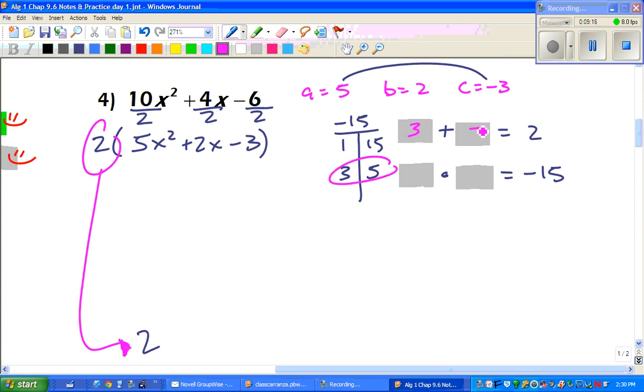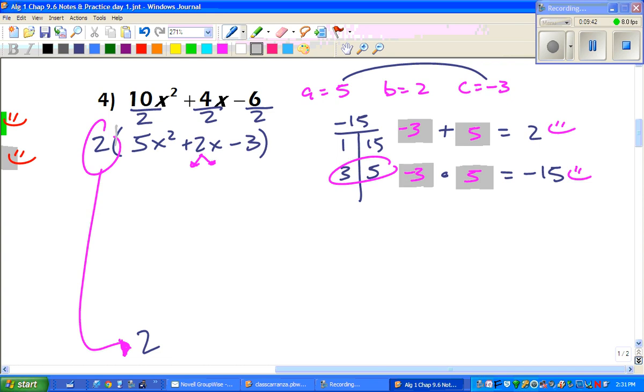Okay, well it's going to be something with 3 and 5. Well, one of them needs to be negative. What's it going to be? Would it be negative 5? Well, no, because then we'd get negative 2. So that means it has to be negative 3. And that works in both scenarios.